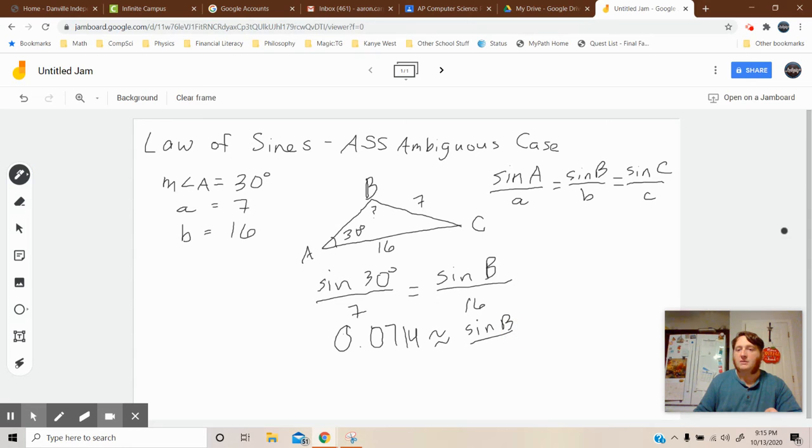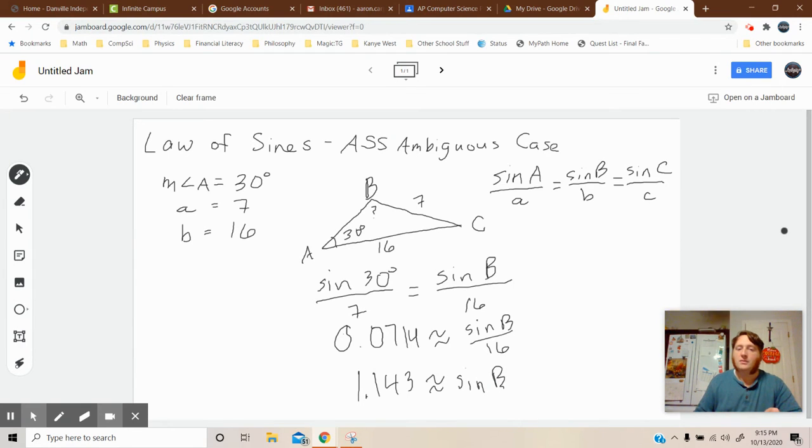That would roughly equal sine of b over 16. We would multiply the 16 to the other side, so I'm just going to hit times 16, and you would get 1.143 for sine of b.